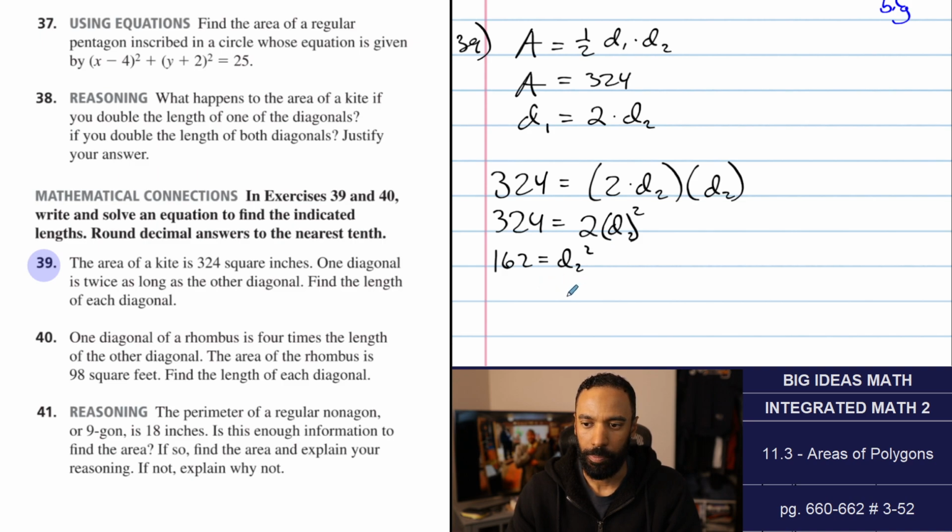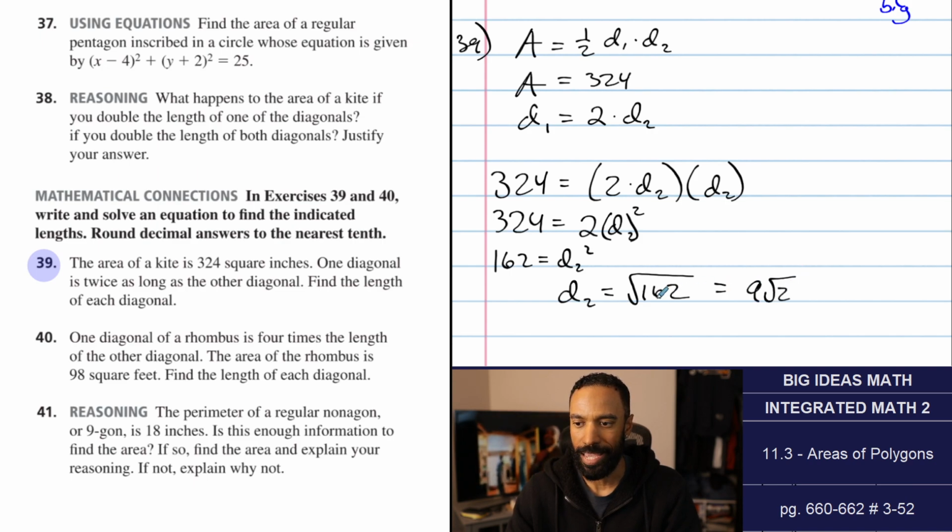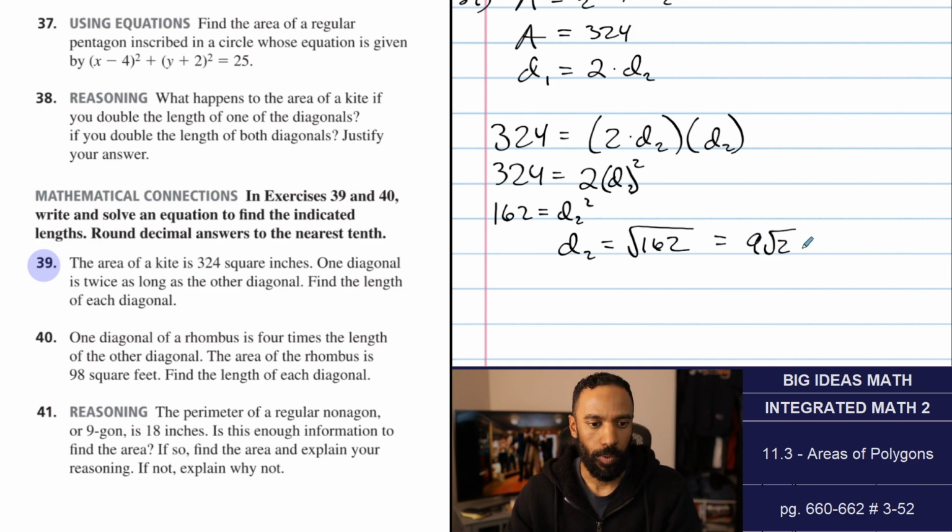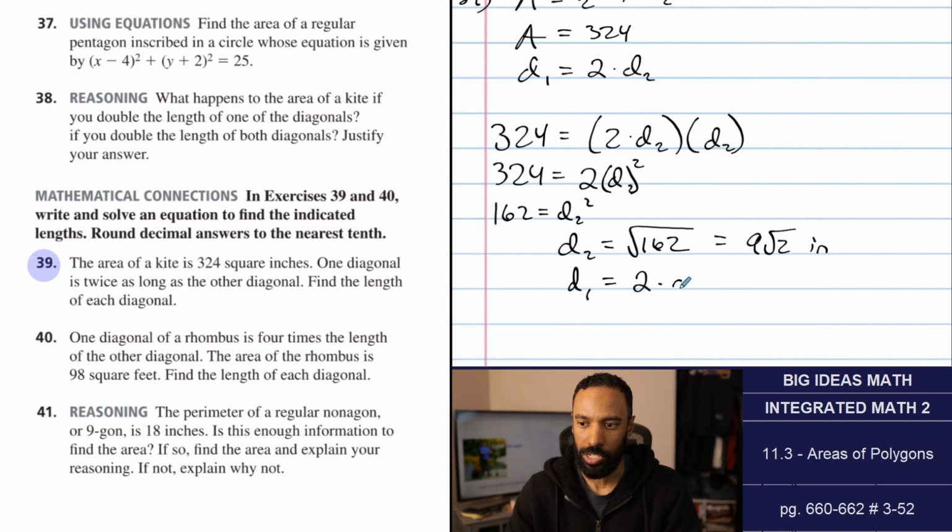And take the square root of both sides, you get d2 is the square root of 162, which is 9 root 2. That's 81 times 2, and square root of 81 is 9. So 9 root 2 inches. What do they want? Find the length of each diagonal. So d2 is that. d1 is 2 d2s, so 2 times 9 root 2, and that's 18 root 2 inches.